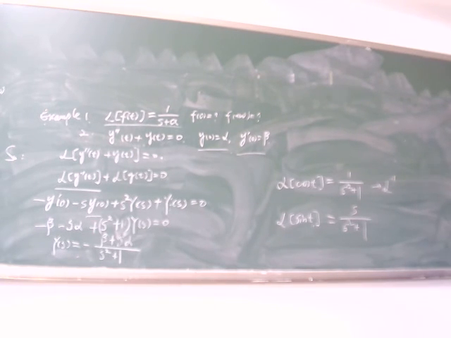The inverse Laplace transform of 1 over (s squared plus 1) is sin t, and the inverse Laplace transform of s over (s squared plus 1) is cos t.